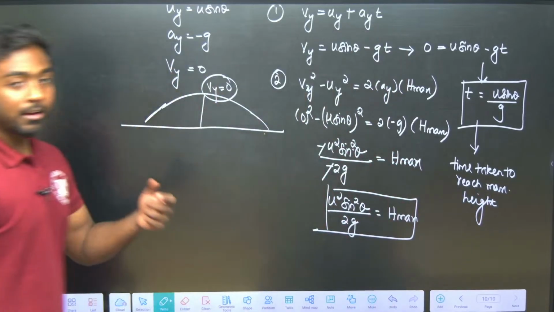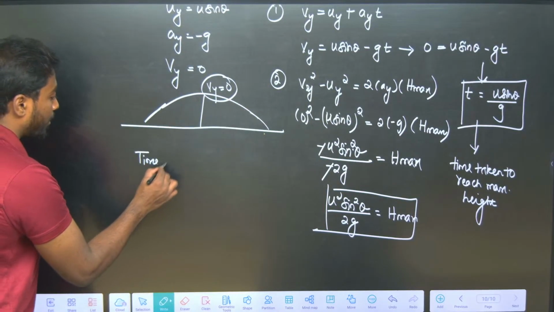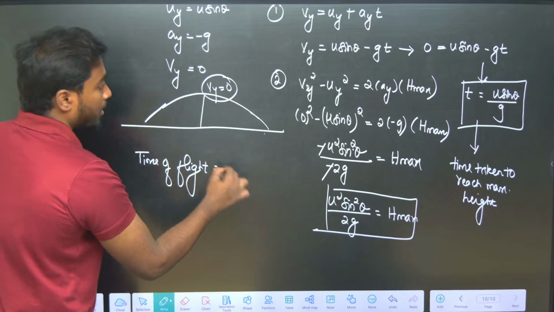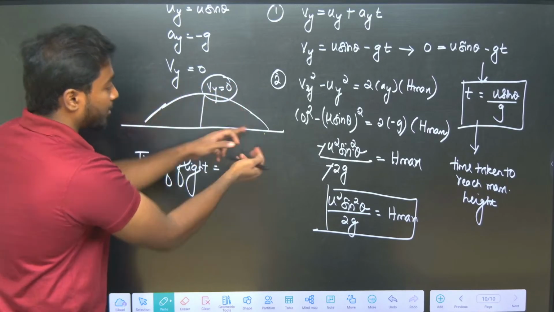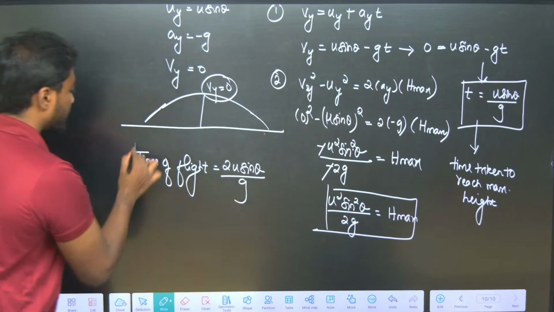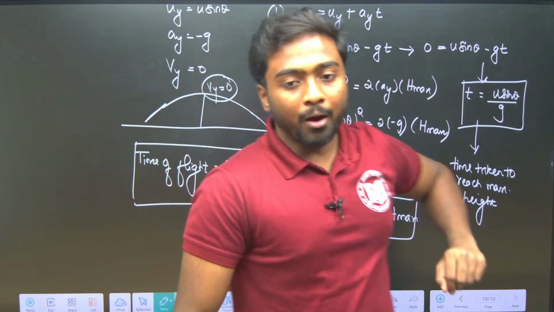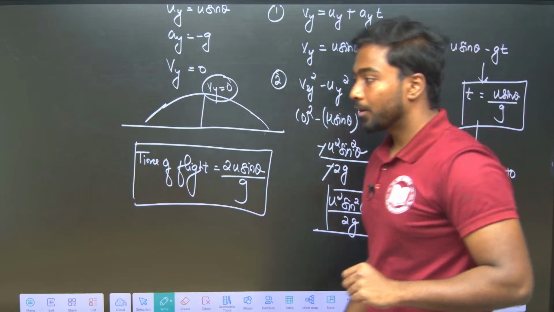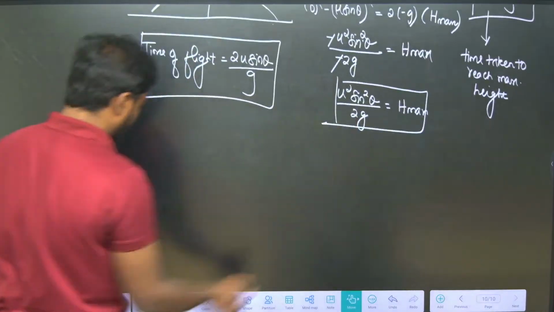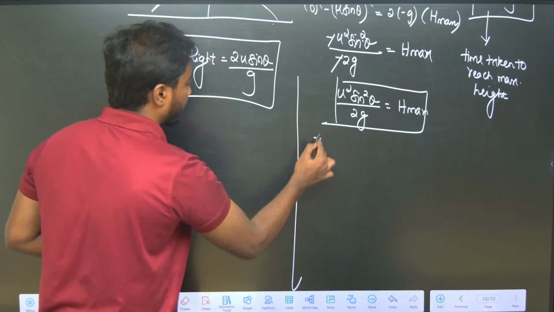But the time taken to go from this point to this point is nothing but time of flight, which is nothing but t plus t. This is t, again this is t. So 2u sin theta by g. Now I will take this time and substitute in the horizontal equation, range. What was the horizontal equation for range? This is the third one, I will write it separately.